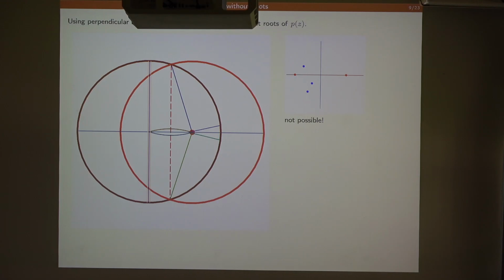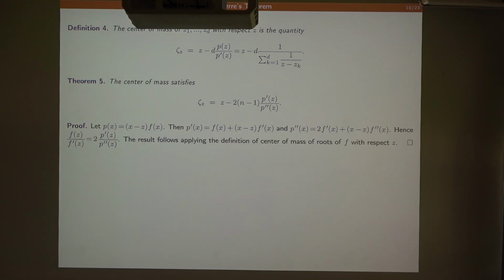And to do that, I think we use a result named Rouché's theorem. Another Laguerre theorem. And an important quantity is the center of mass.